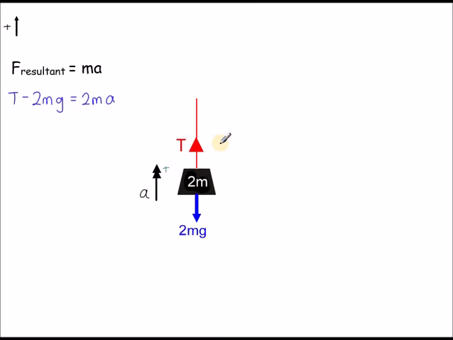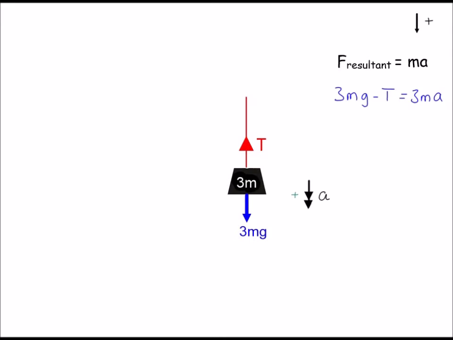So for the left hand side, Newton's second law, F equals ma, this system is going to accelerate upwards. So if I take the upwards direction as positive, T minus 2mg, the resultant force, is equal to this mass times this acceleration.